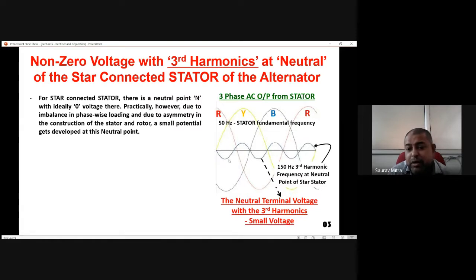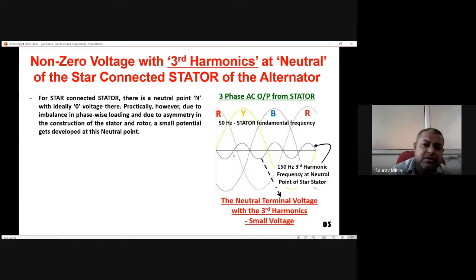But at the neutral point, there is another small amplitude AC with 150 hertz frequency. This is one cycle of R, and this is one cycle of Y. You can see this Y phase going here, coming down and ending here. Within this one cycle of Y, from the start to the end point, you can find three cycles of this small neutral voltage.